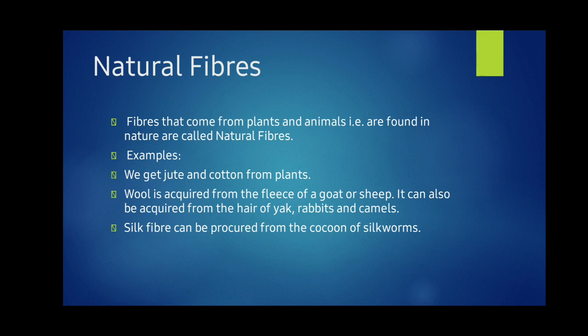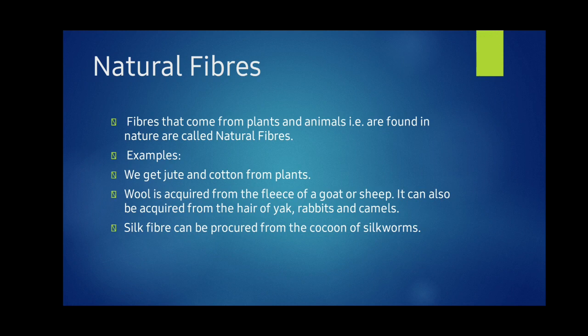You have seen the cotton fiber and the jute fiber in the previous year. Wool is acquired from the fleece of a goat or sheep. It can also be acquired from the hair of yak, rabbits and camels. Silk fiber can be procured from the cocoons of silkworm.